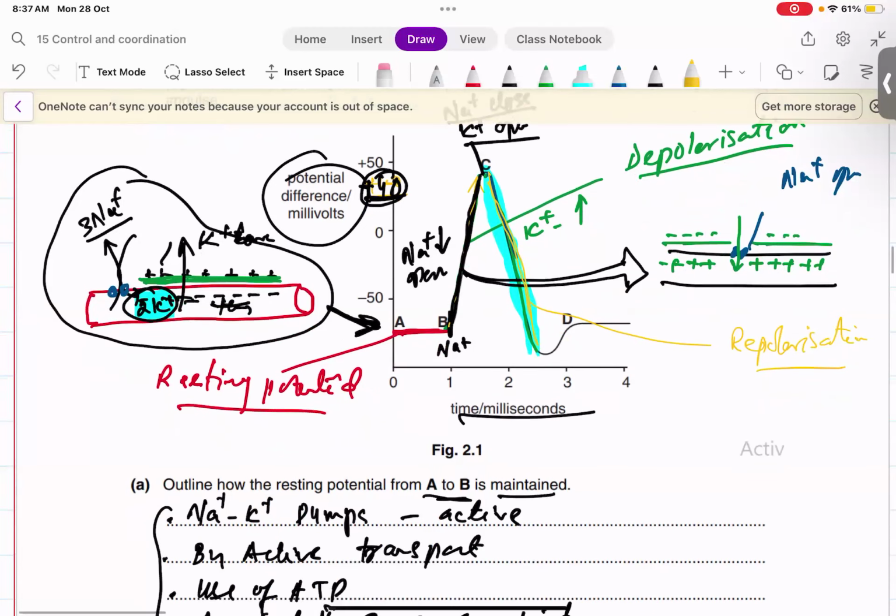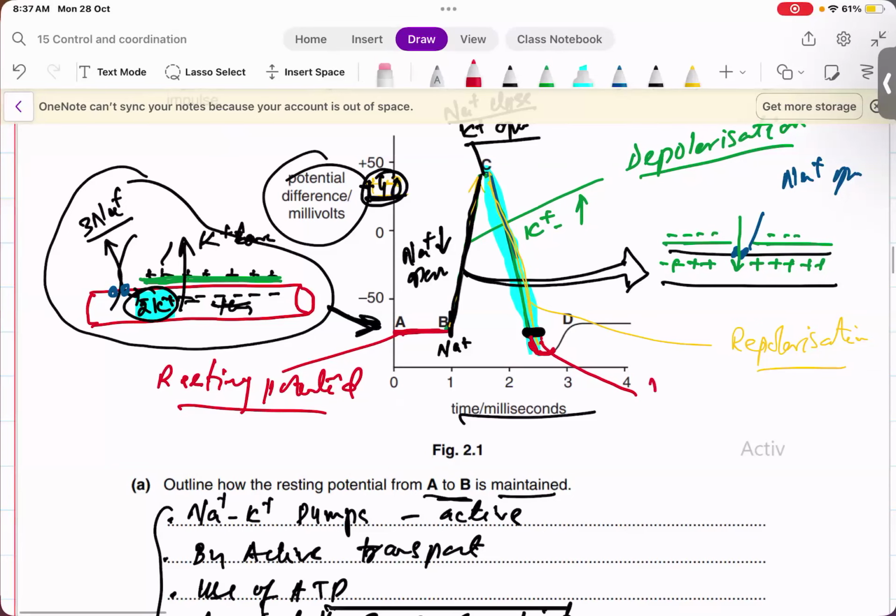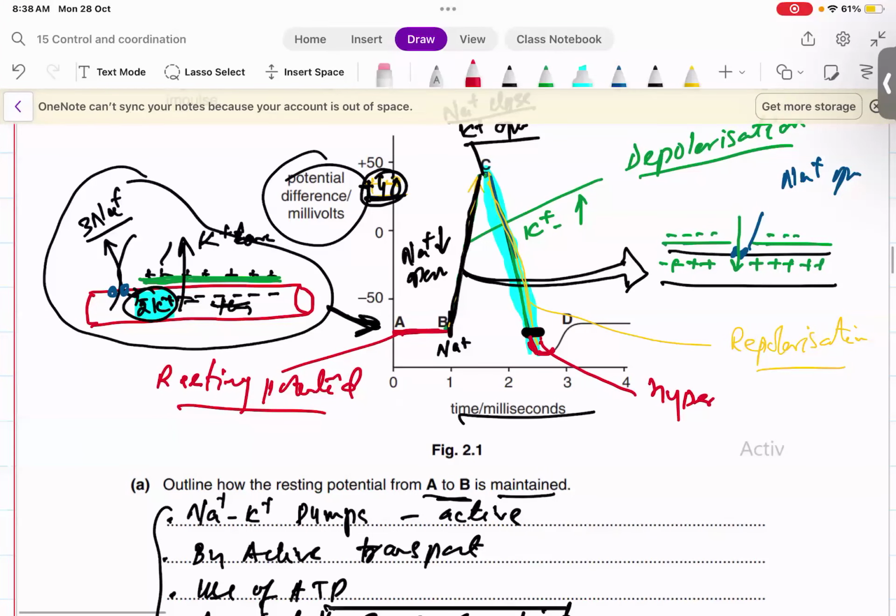And this doesn't stop at this point. Instead, it goes a little below minus 70, up to this point. This overshoot, this little lower potential difference below minus 70, is known as hyperpolarization. And when this potential difference reaches below minus 70, potassium channels close here.